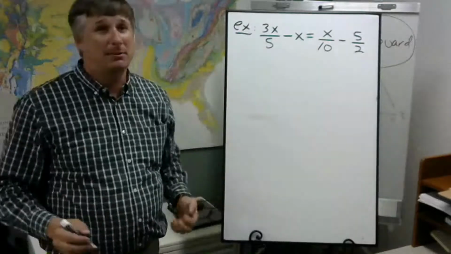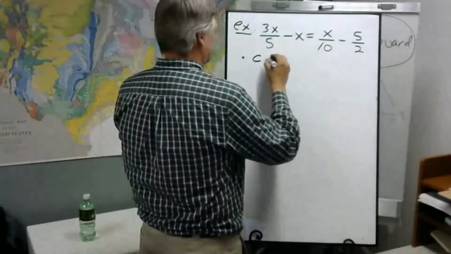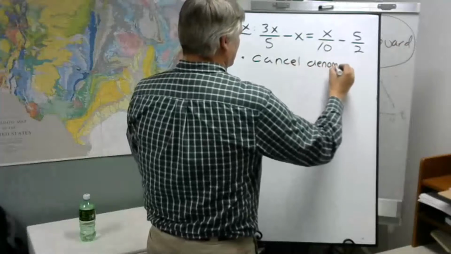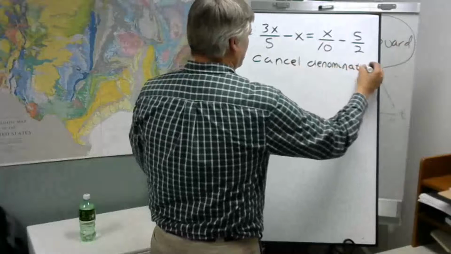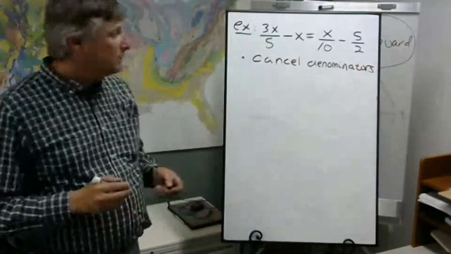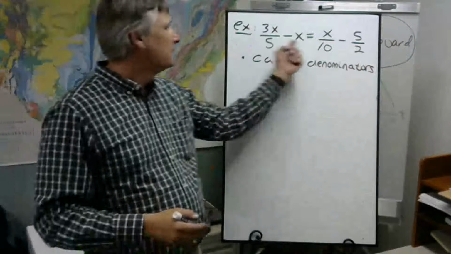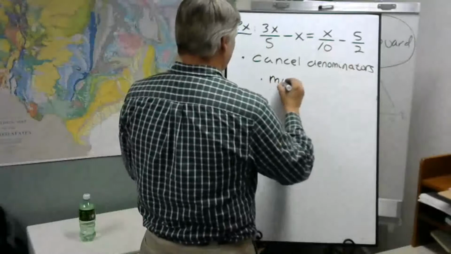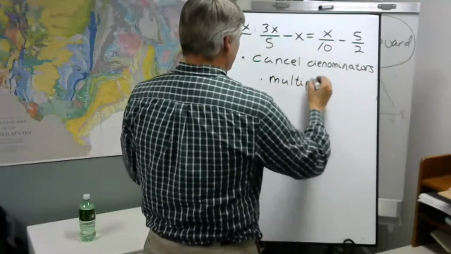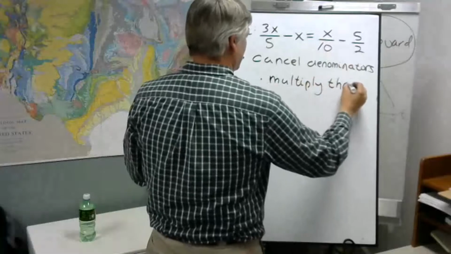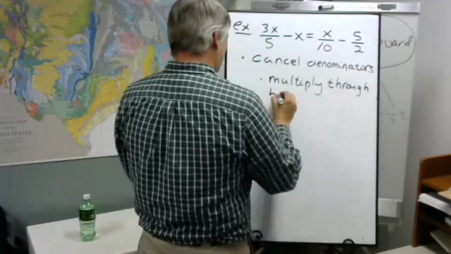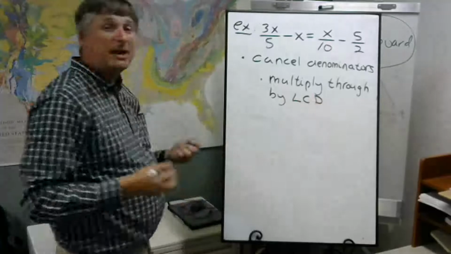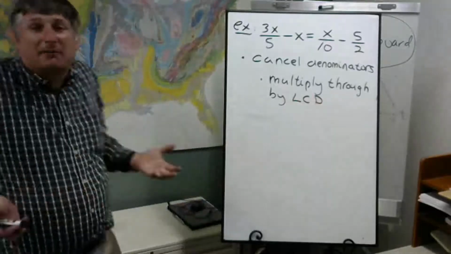We want to cancel denominators. And the way we do this, we're going to multiply through by what's called the lowest common denominator, or the LCD.